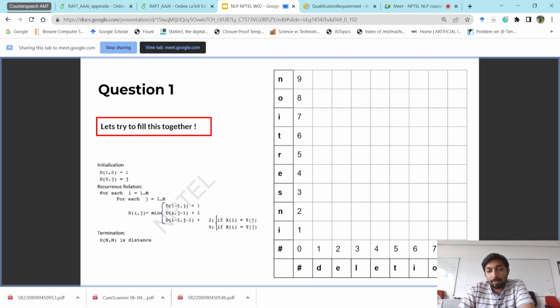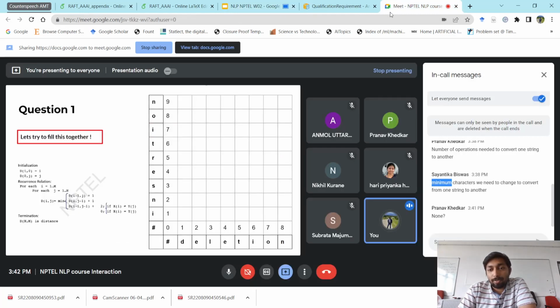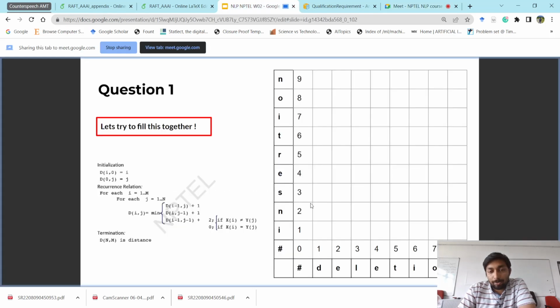This way the table is filled. Similarly for the jth, the first column that we have. Here also, if you want to convert from hash to hash, there is 0. Other cases we have to insert one place. So here insertion and deletion both have a cost of 1, and substitution has a cost of 2.